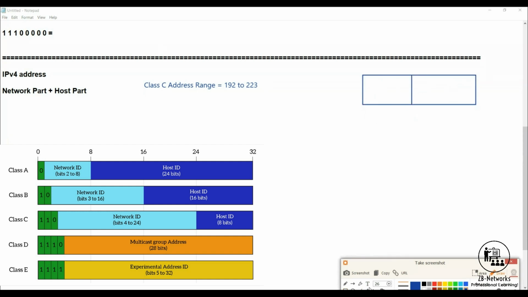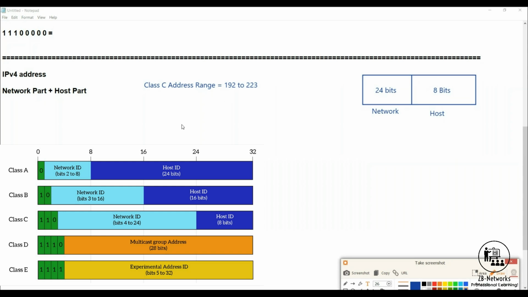You have 24 bits in the network part, and you've got 8 bits in the host part, right? That's your network part, and that's your host part. So very simple.